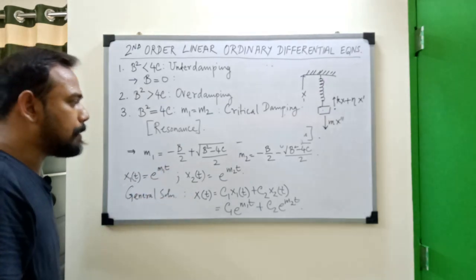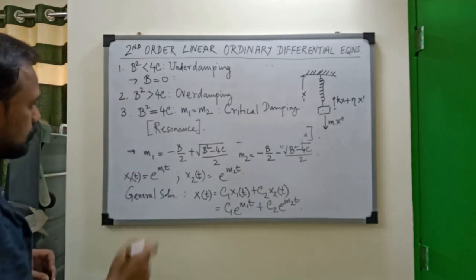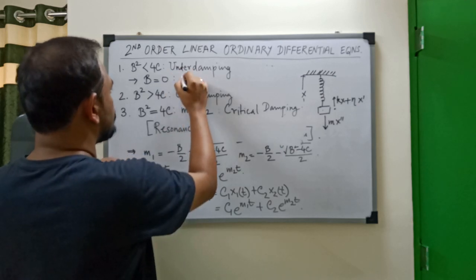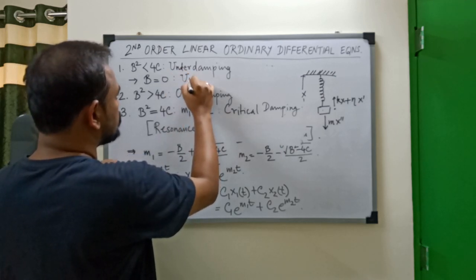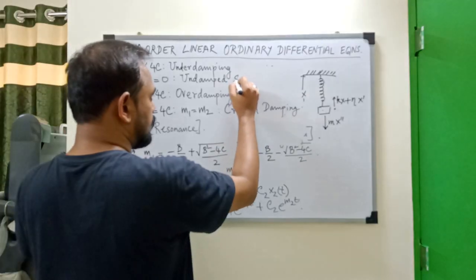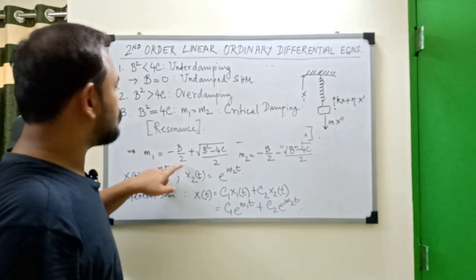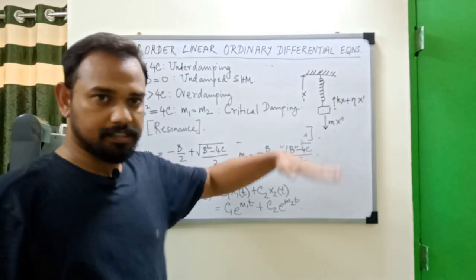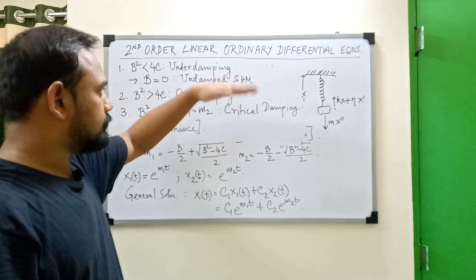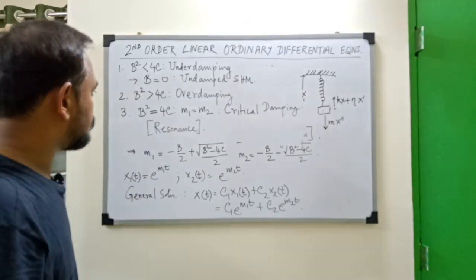So you have a purely imaginary number. That's the case of undamped oscillation or simple harmonic motion, where it is not damped at all. If b is 0, it means that there is no resistance. And if there is no resistance, it is going to move up and down in a simple harmonic motion in an undamped fashion. It will never stop. And that's the case of undamped simple harmonic motion.